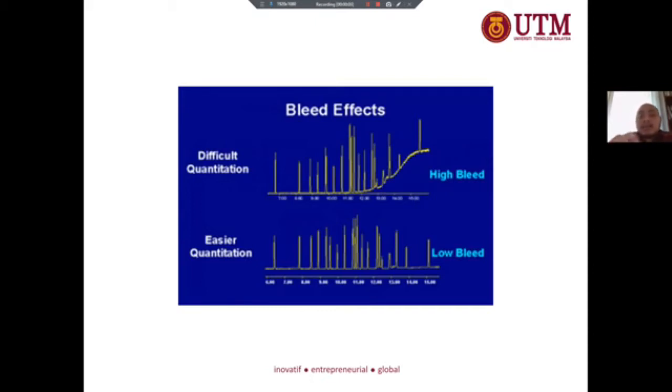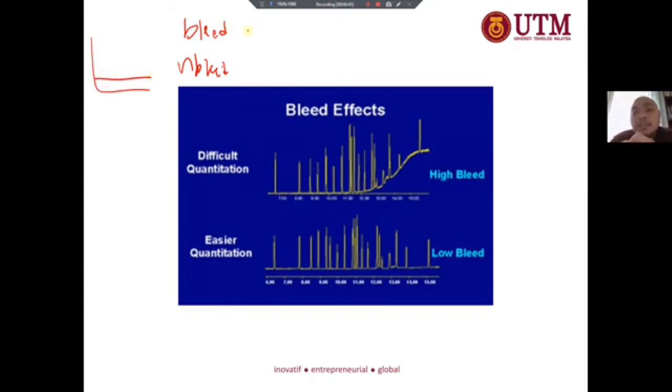There are two appearances of the bleed effect. The first is if we compare the characteristic of bleed and non-bleed, looking at the baseline of the chromatogram.